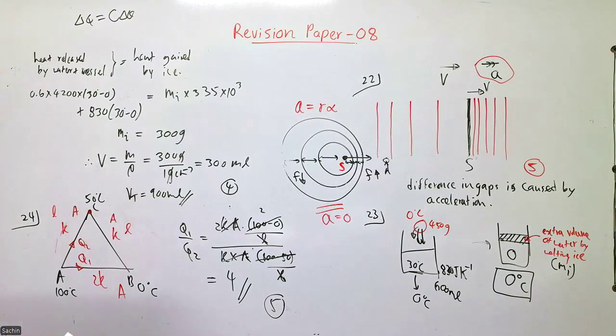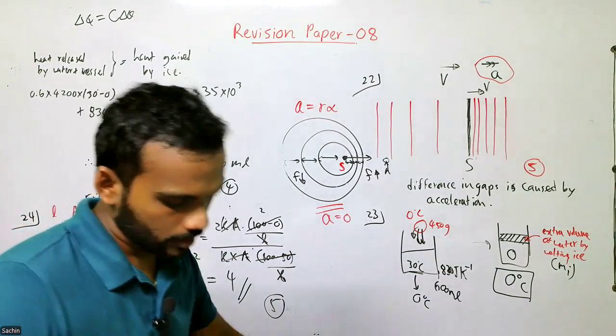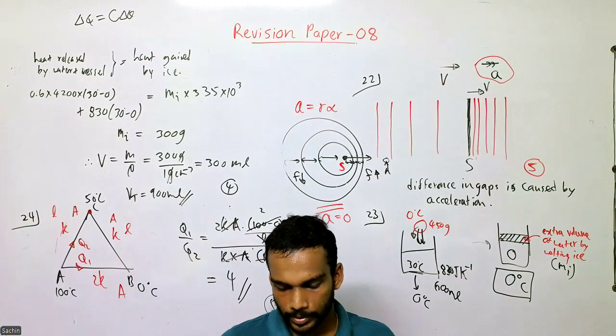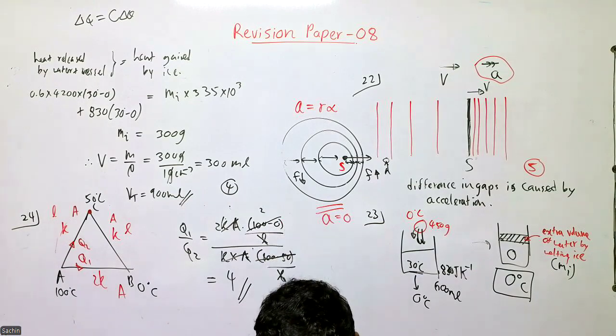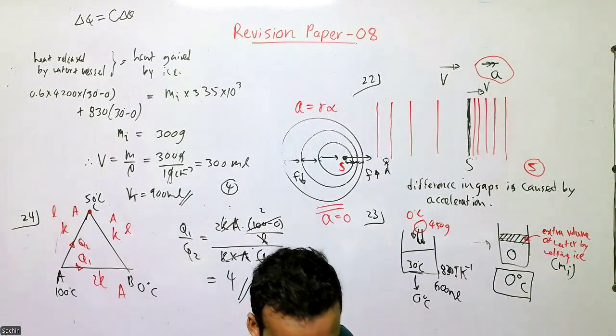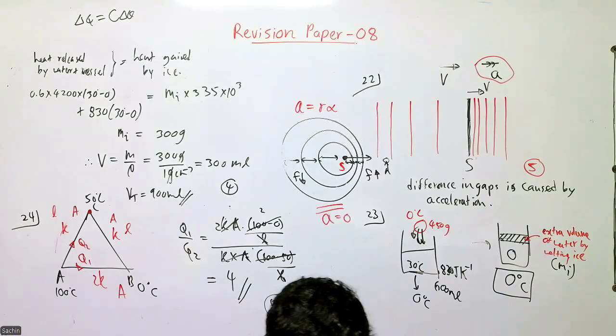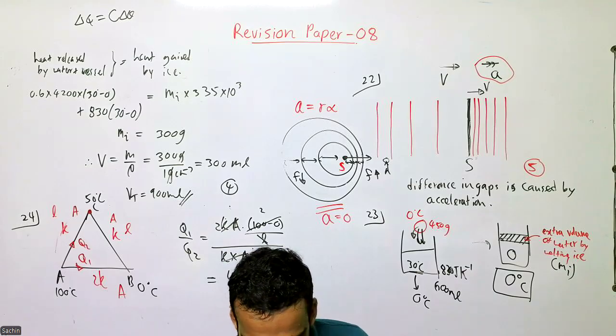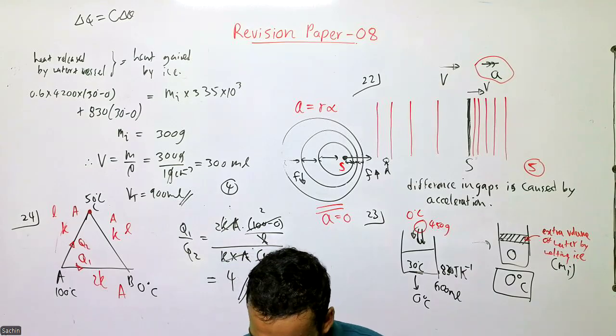Then 25th question. Consider the following statements about an astronomical telescope and a compound microscope. Statement A. The focal length of the objective lens is large in an astronomical telescope, and small in a compound microscope.